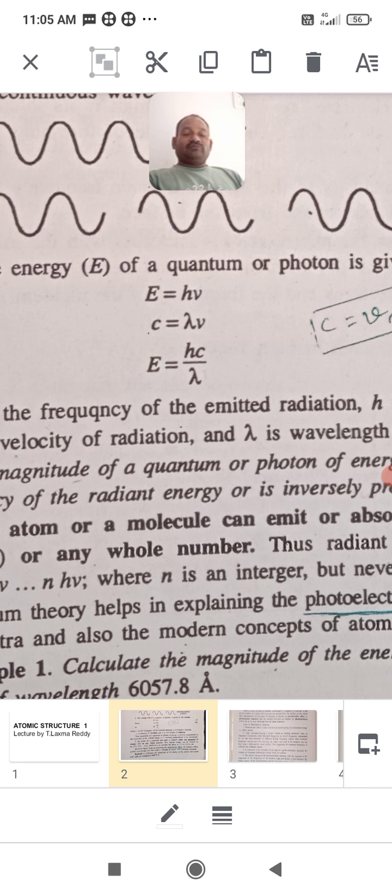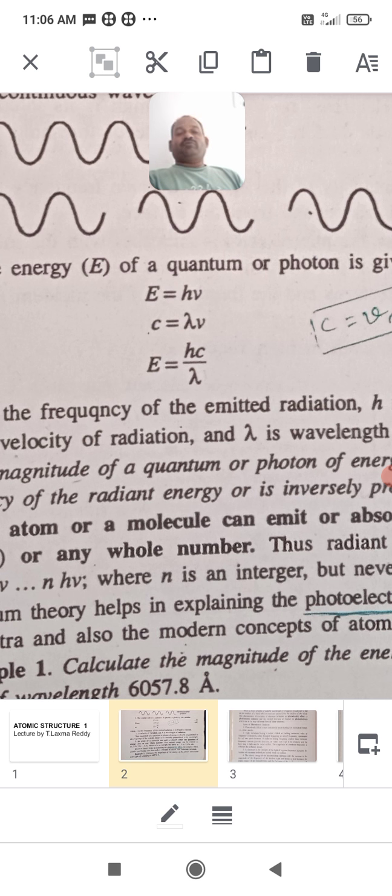The magnitude of a quantum or photon of energy is directly proportional to the frequency of the radiation's energy, or inversely proportional to its wavelength.